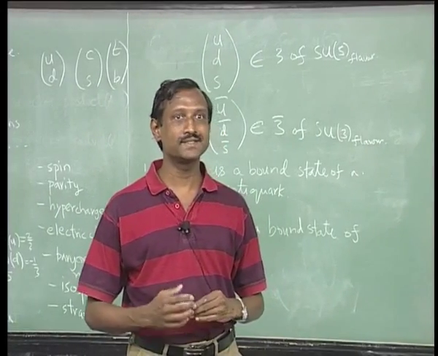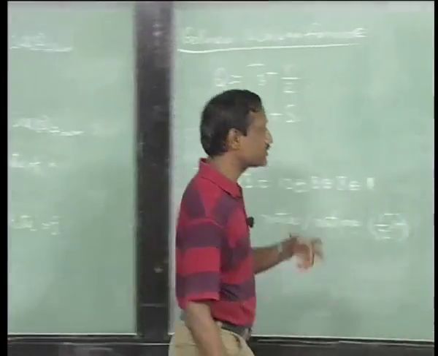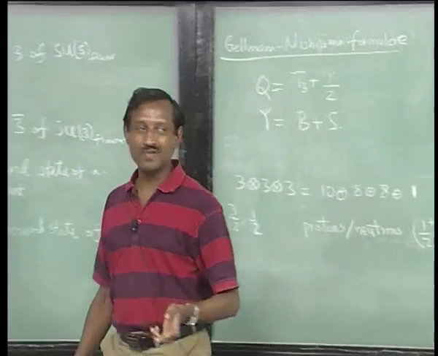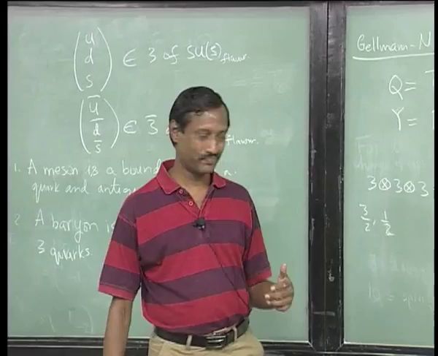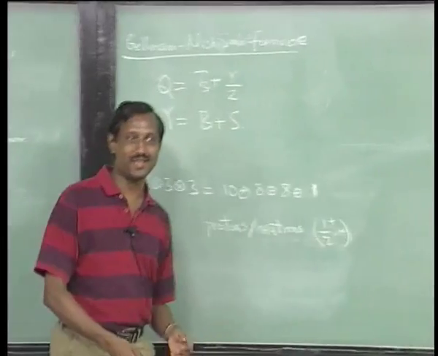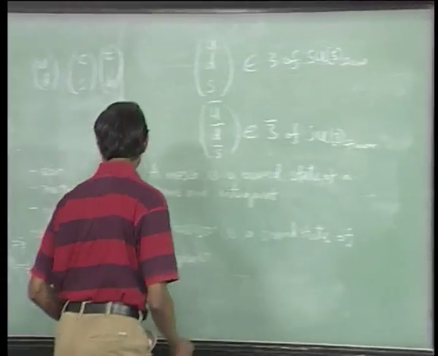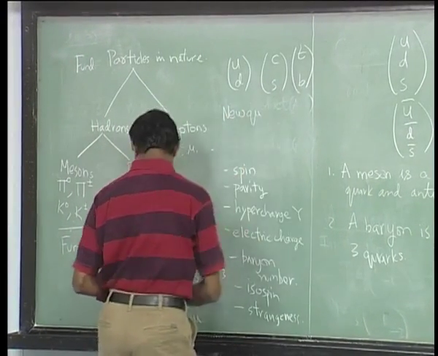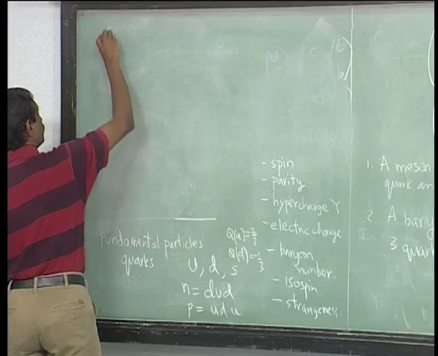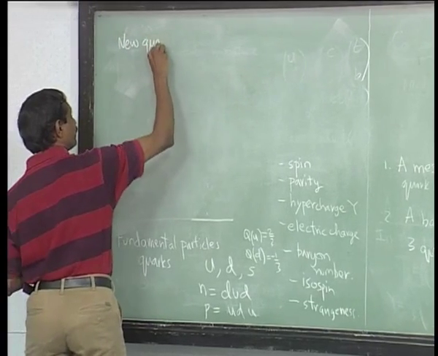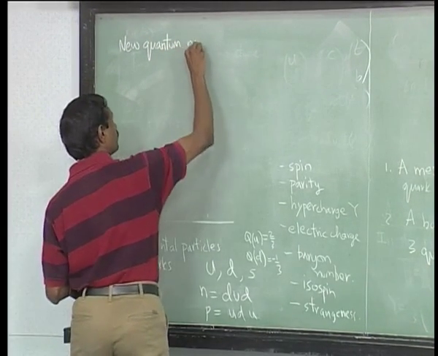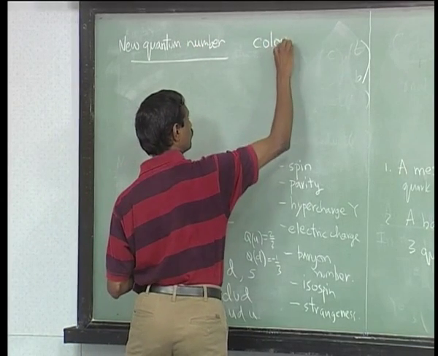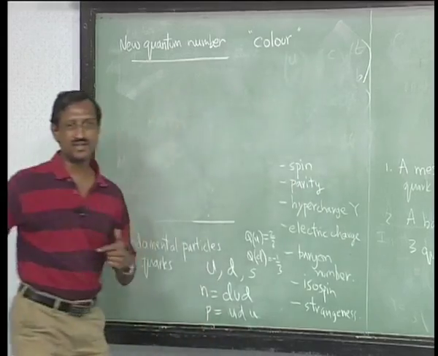The resolution was that there exists some other quantum number. Okay, there exists another quantum number called color, which we have not seen out here. So add a new quantum number, called color.